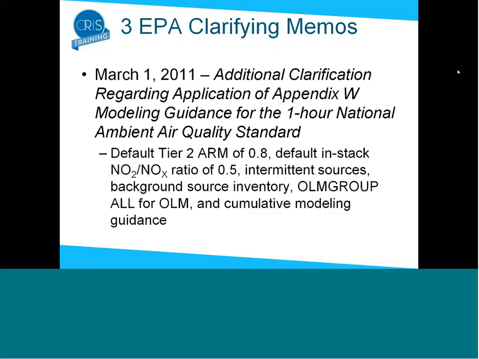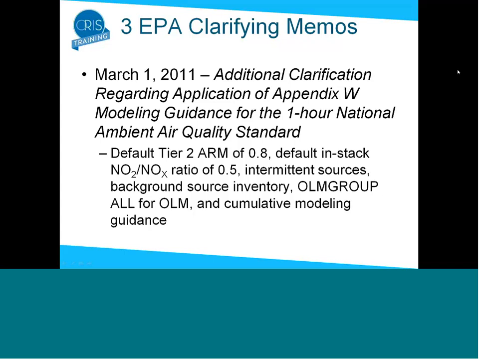And then the third memo, from March of last year, is again found on the SCRAM website. This is just more clarification regarding how you apply the Appendix W guidance for modeling the 1-hour NO2 max. In this memo, we are told that we have a new default ambient ratio method value for the 1-hour NO2 max of 0.8.